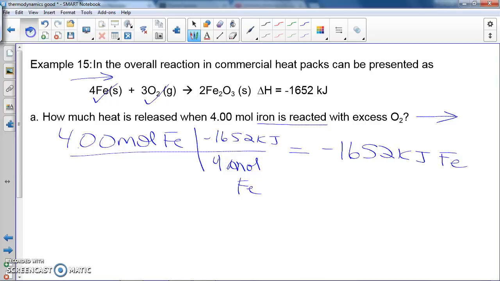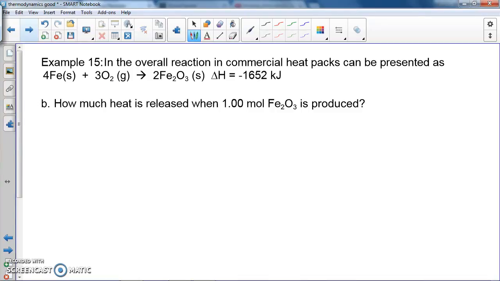Problem B. Again, we must consider what direction this reaction is. What direction is B asking for? It's asking for iron oxide produced. Does this reaction show iron oxide being produced? Yes, it does. Here it is. It's on the product side, so it's being produced. So therefore, I'm considering this reaction and using it in a forward direction.